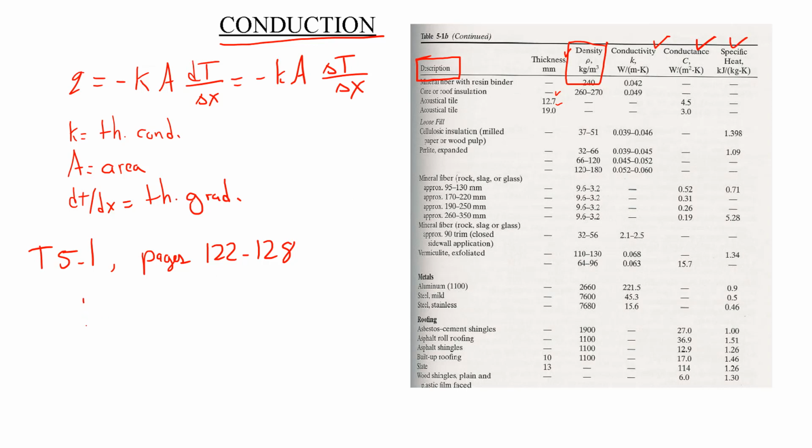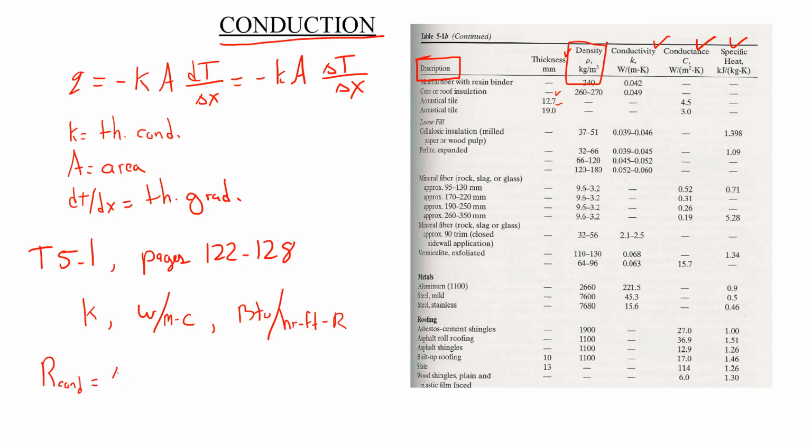Now, if you remember, thermal conductivity in SI units is watts per meter Celsius, and in English units, that would be BTU per hour foot Rankine. The ultimate goal of what you're trying to find is thermal resistance.